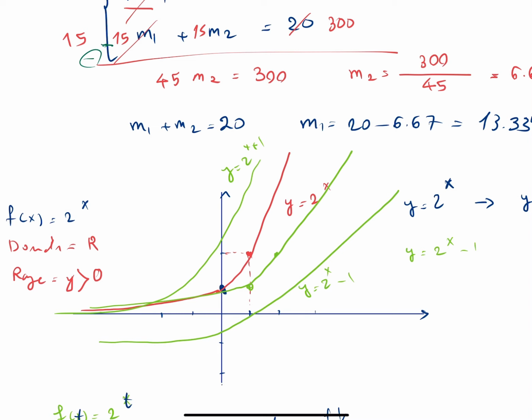Then this equation will be y equal to 2 power x minus 1. But a minus 1 on the y-axis, for example 2 power x minus 1, in this situation we go 1 down. If it is positive 1, we go 1 up, like here. It's very easy. This is the first one.